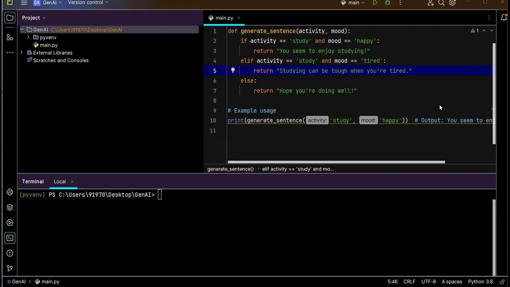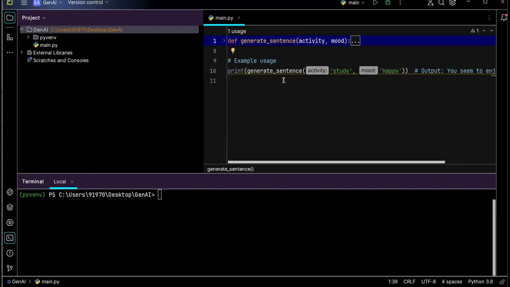Now let's analyze these rule-based systems with a small example. Let's say I want to generate some sentences based on my activity and my mood.